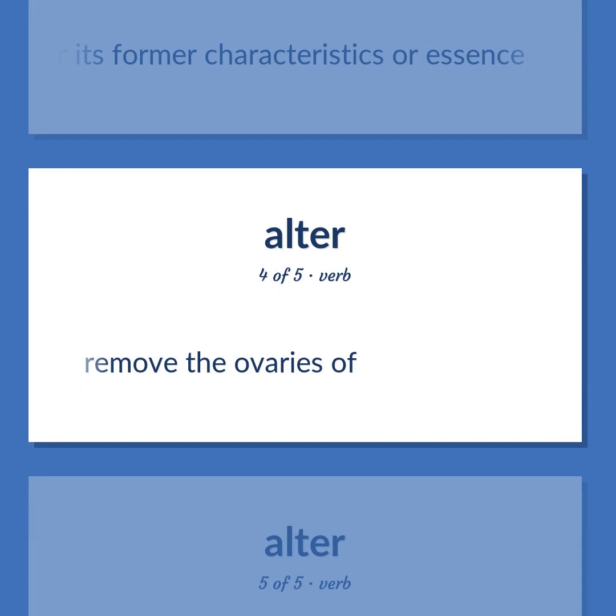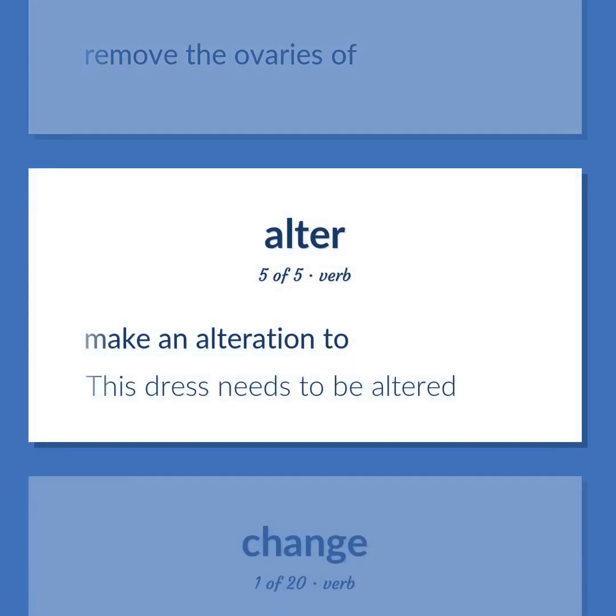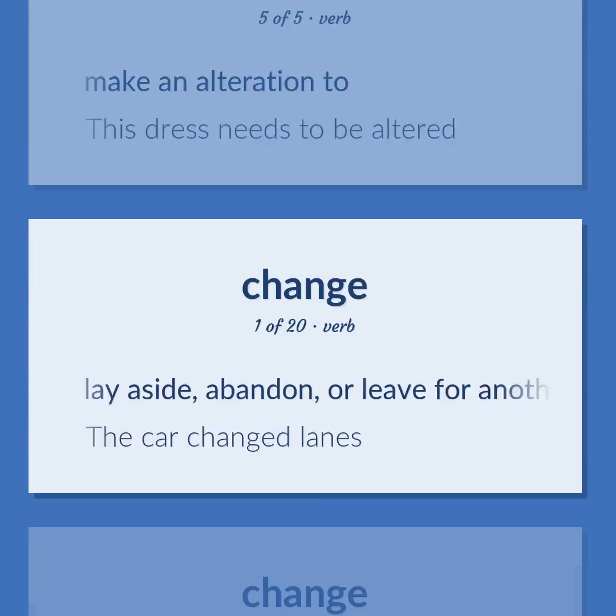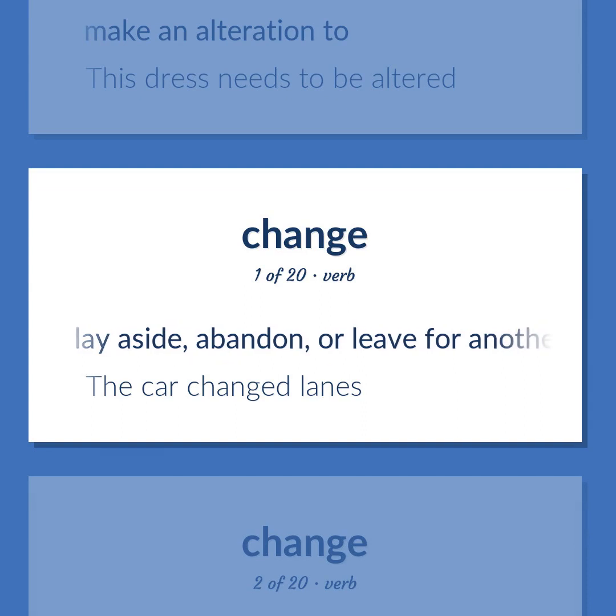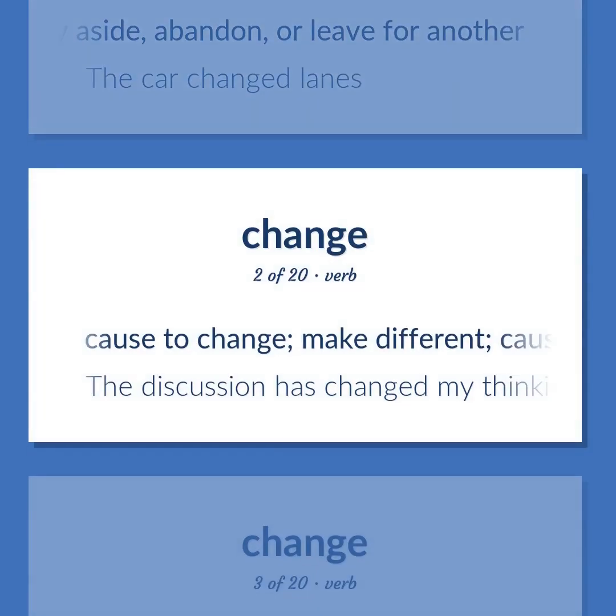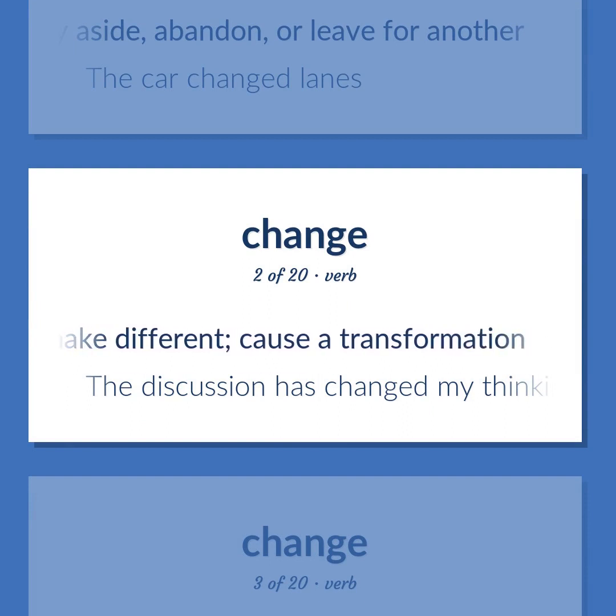Remove the ovaries of. Make an alteration to. This dress needs to be altered. Lay aside, abandon, or leave for another. The car changed lanes. Cause to change, make different, cause a transformation. The discussion has changed my thinking about the issue.